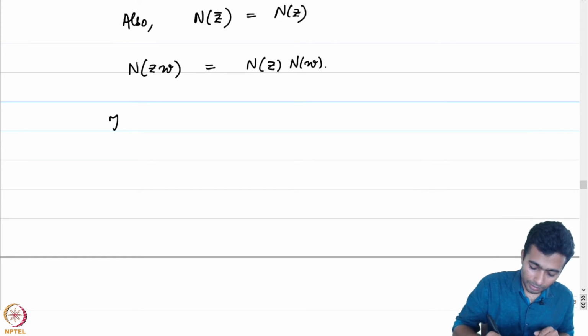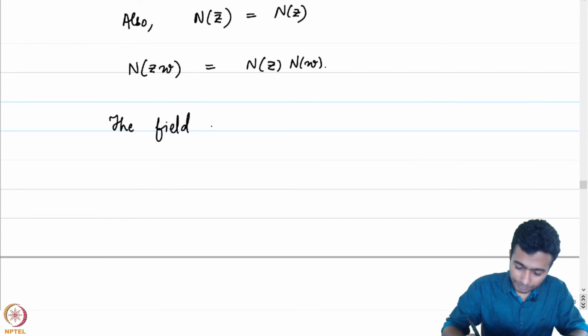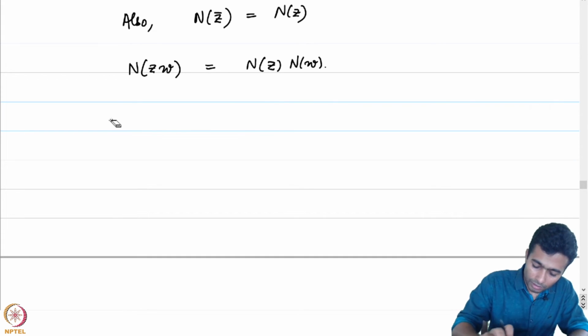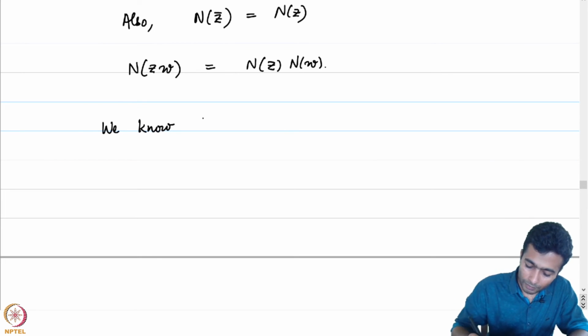From your course on linear algebra, you would be familiar with the fact that the field of complex numbers is an inner product space over R. So let me not write field of complex numbers, because it is of course a field, but now we are looking at it as a vector space.